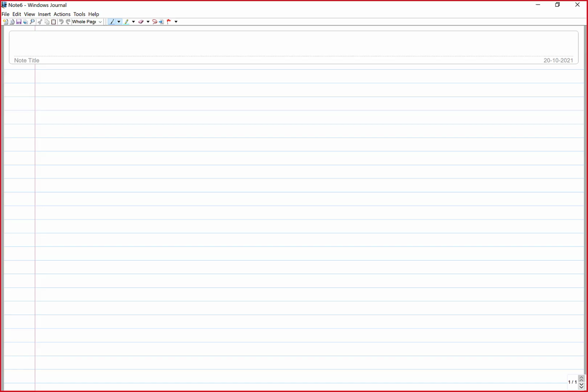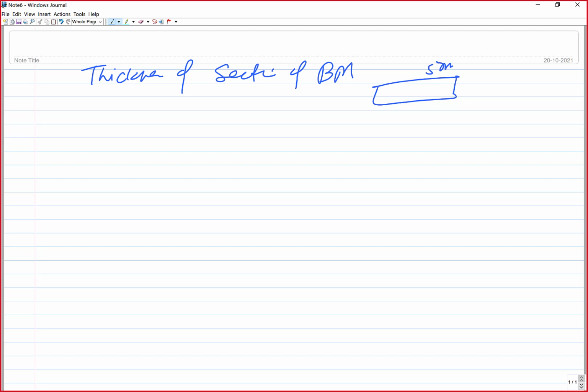Another important aspect is, when the electrode is being selected, we look at the thickness or section size of the base metal to be joined, like say 5 mm, 20 mm or 50 mm.